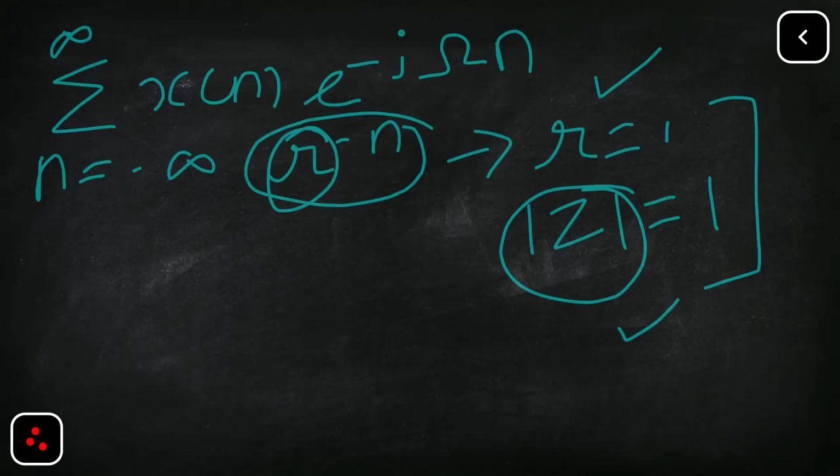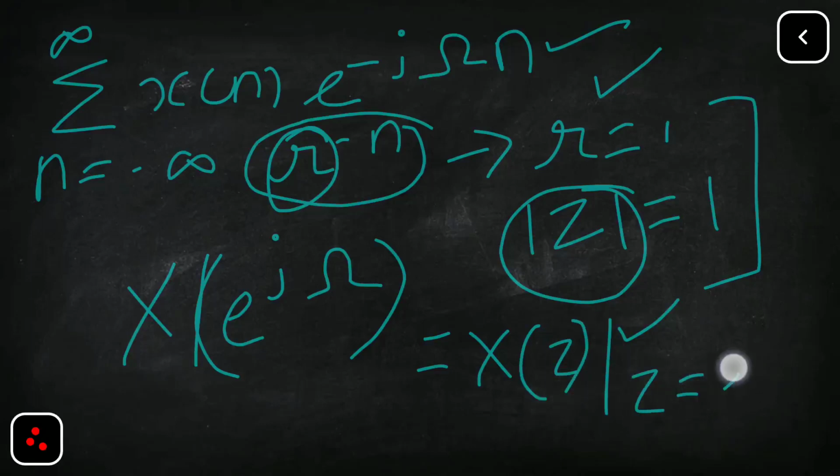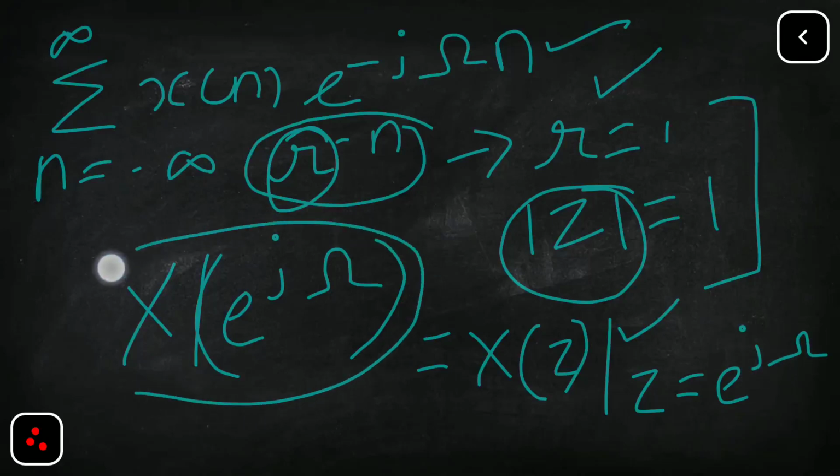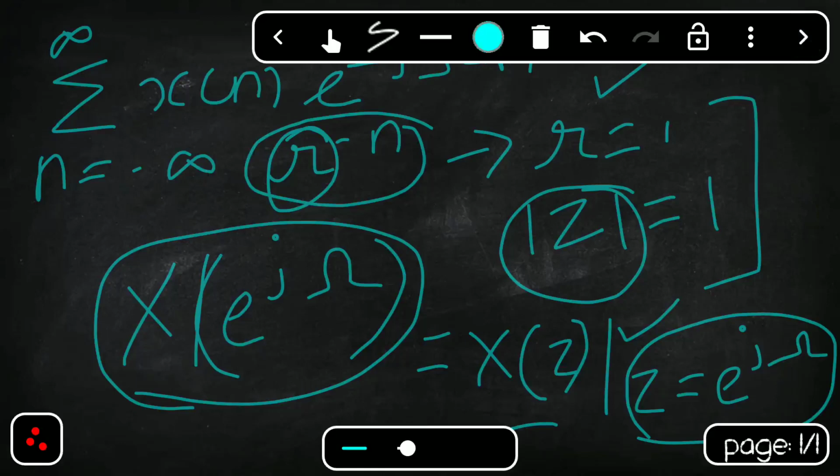Therefore we omit that, and we got this particular result. So x of e to the power of j omega is equal to x of z for z equal to e to the power of j omega.